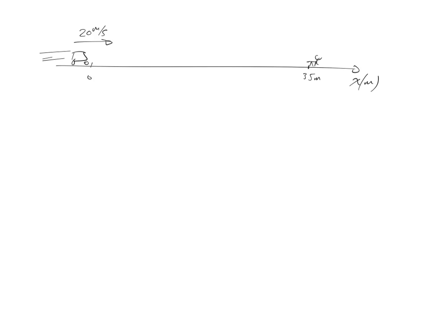So you notice I have an initial velocity of 20 meters per second. I have a position for the deer, which is 35 meters. I have a reaction time, which I'm going to call change in time 1, and it looks like it's 0.5 seconds.